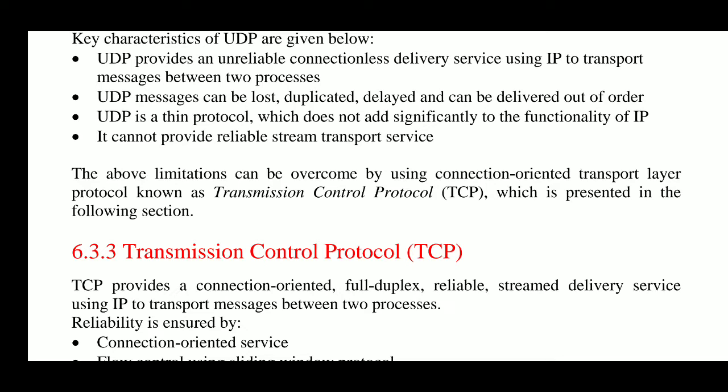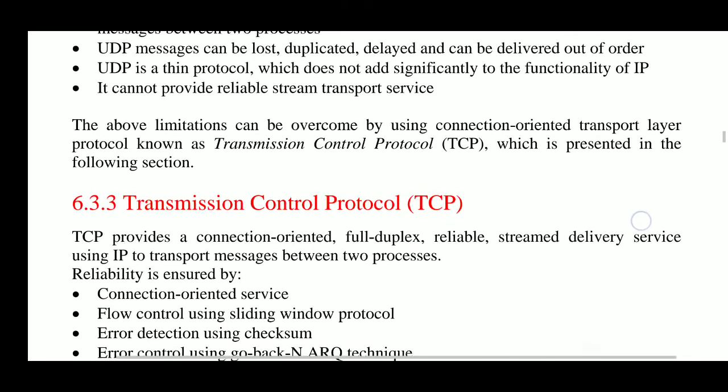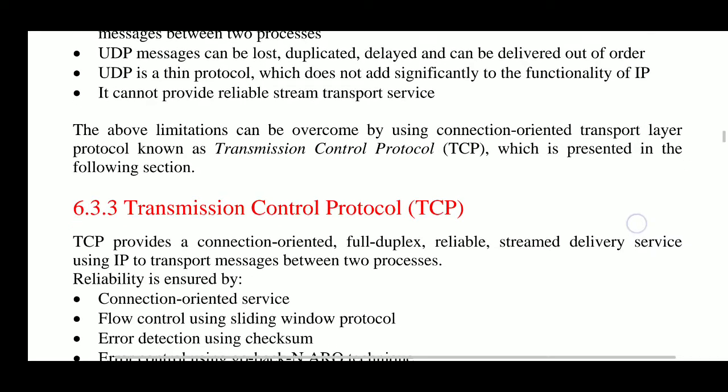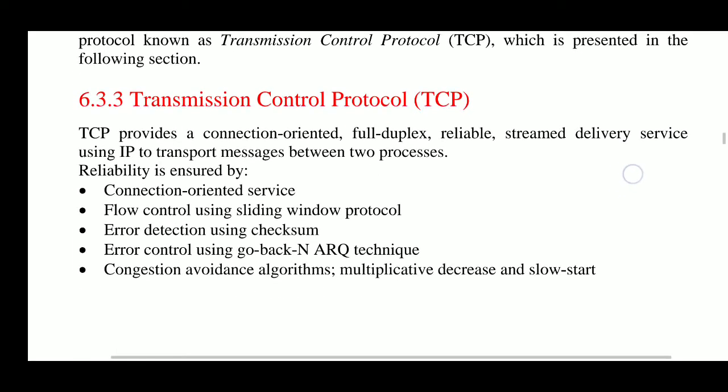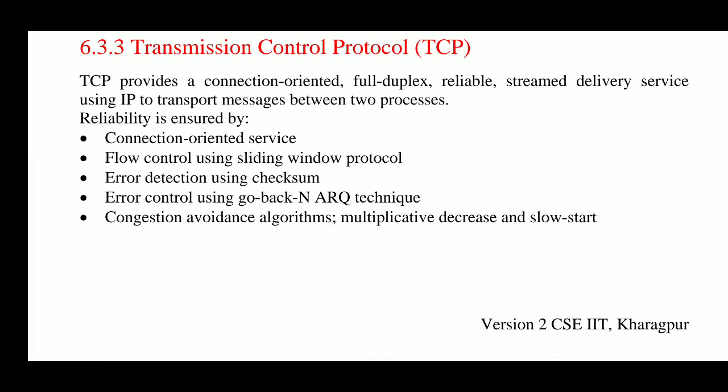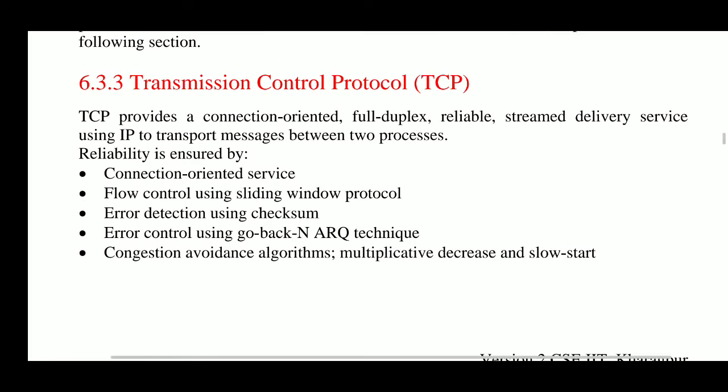It cannot provide reliable stream transport service. So these are the limitations due to which we need Transmission Control Protocol, TCP. So TCP provides a connection oriented full duplex reliable stream delivery service using IP to transport messages between two processes.